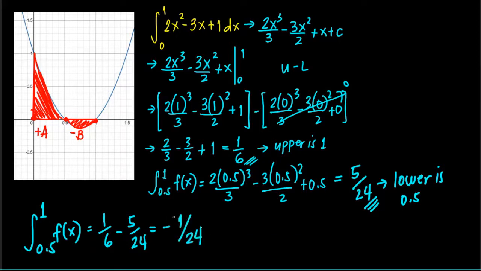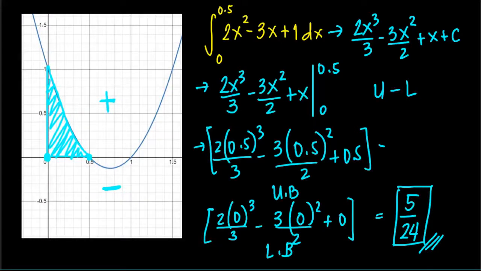As I said earlier, the area or integral of a function under the x-axis should give us a negative answer. So it is indeed negative. This is the area of B, which is B in our drawing. And like I told you earlier, this integral is not actually the whole area of A and B, but A, the positive, minus B, the negative. Looking at the previous answer, we have 5 over 24.